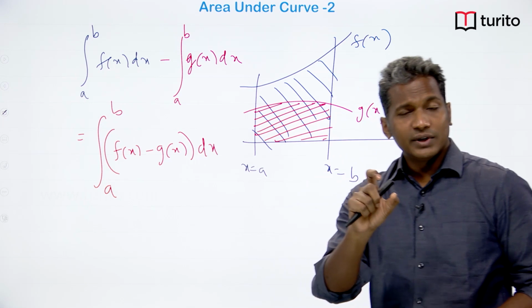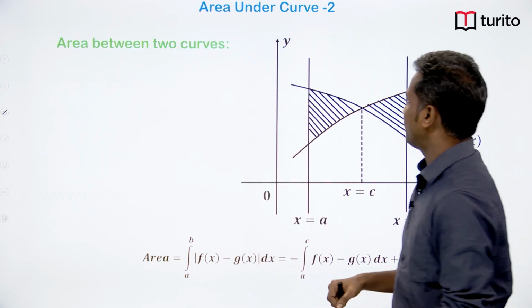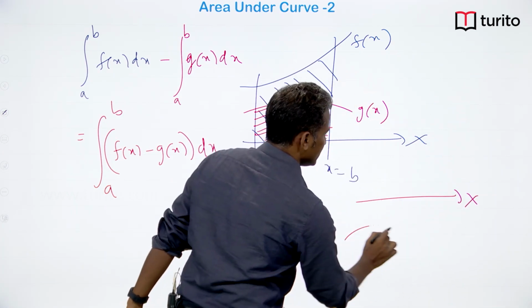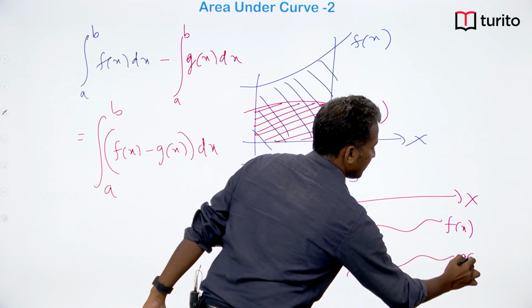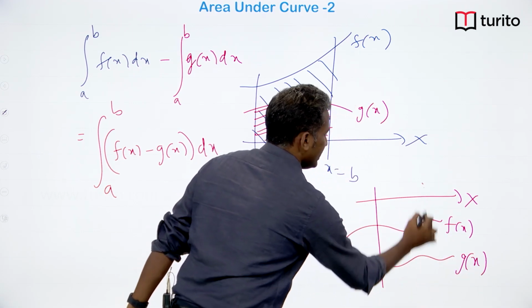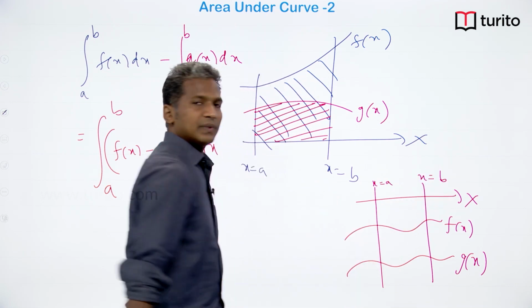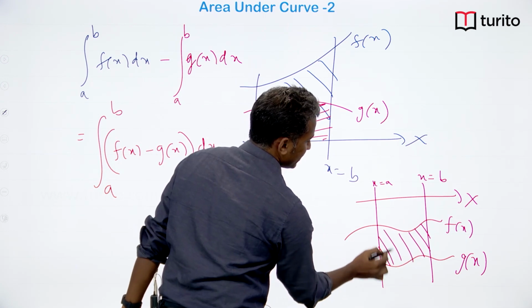Now, even if the functions are below x axis, even if we take a scenario like this, let us say this is my x axis, this is my f of x and this is my g of x, and I want to find the area starting from x equal to a to x equal to b, area between f of x and g of x. Let us say I want to find this area.